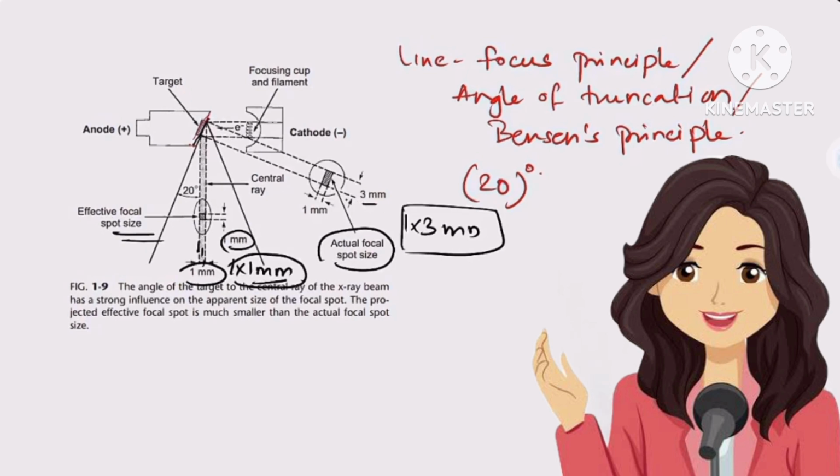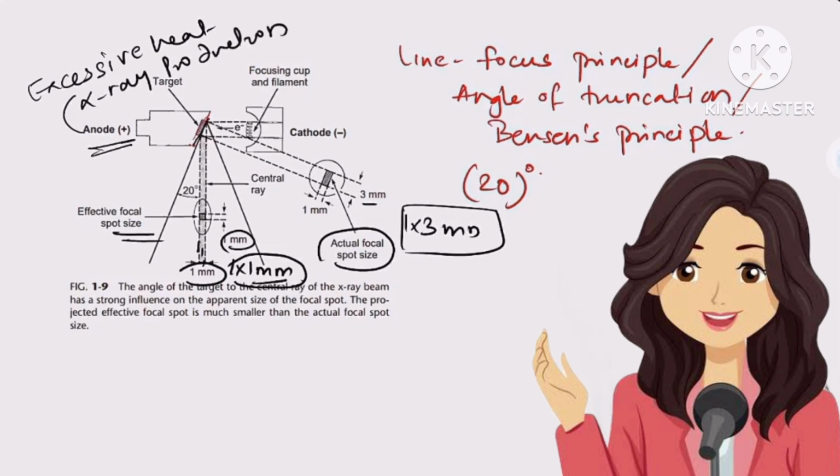Why not use the 1 into 1 size only? Because we need a greater surface area at the anode, because excessive heat is formed during X-ray production.